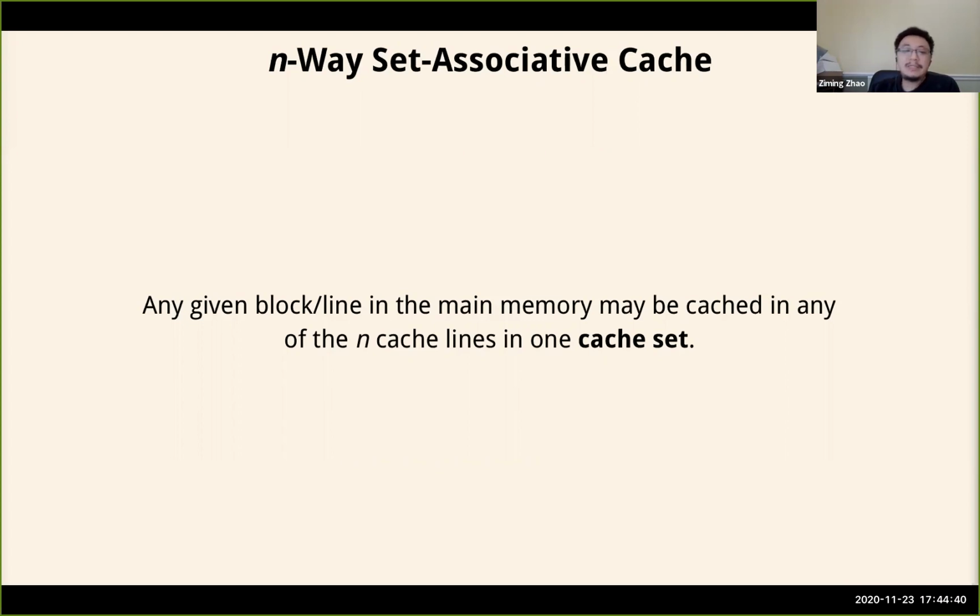What is the easy way to put it? So this is like years, decades of design in cache, and right now we end up here. Most of the caches we're using today, no matter what CPU you are using, are N-way set associative caches, which means any given block or line, which is 64 bytes, in the main memory, when it is placed in the cache, there are many different locations in the cache you can use to place it.